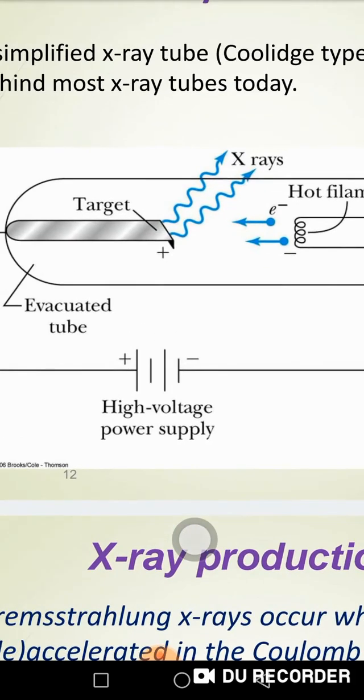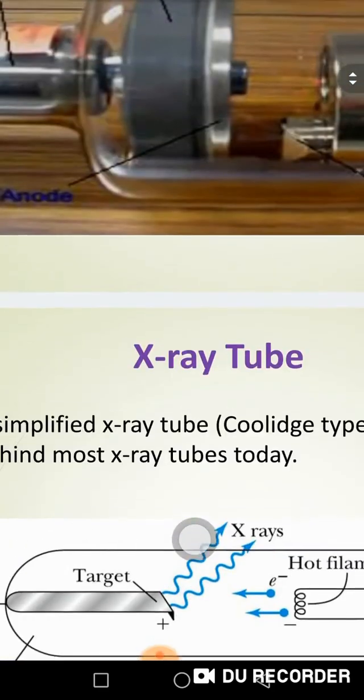It is worth noting that 99% of the collisions between the electrons coming from the filament and the anode result in heat. Only 1% of the X-ray is produced, meaning a large part of the interactions is released as heat.